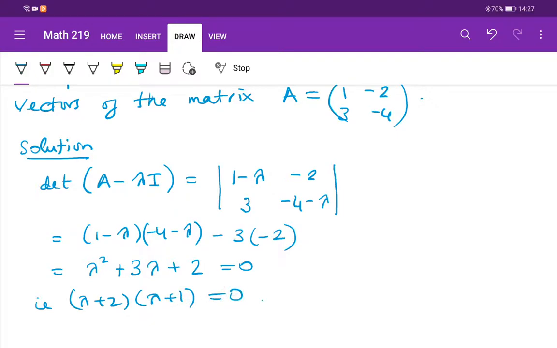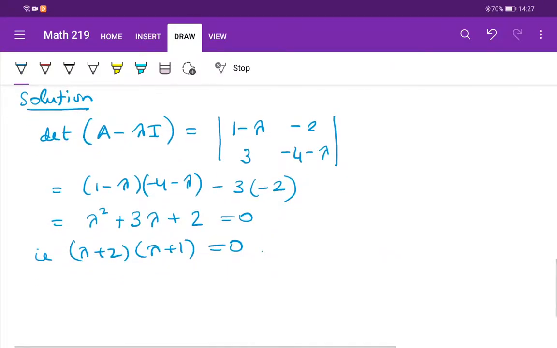Okay, so this is as we said. The equation determinant of A minus lambda I equals 0 gives us a degree 2 polynomial. So this is a quadratic equation in lambda, and it has 2 roots. They may be distinct, repeated, or complex.